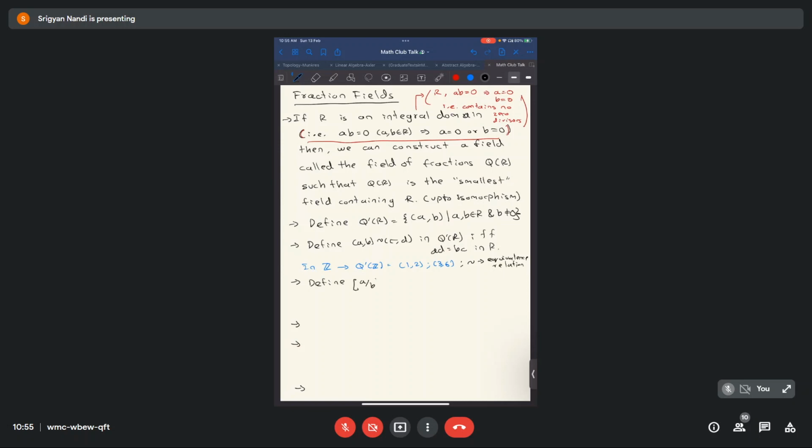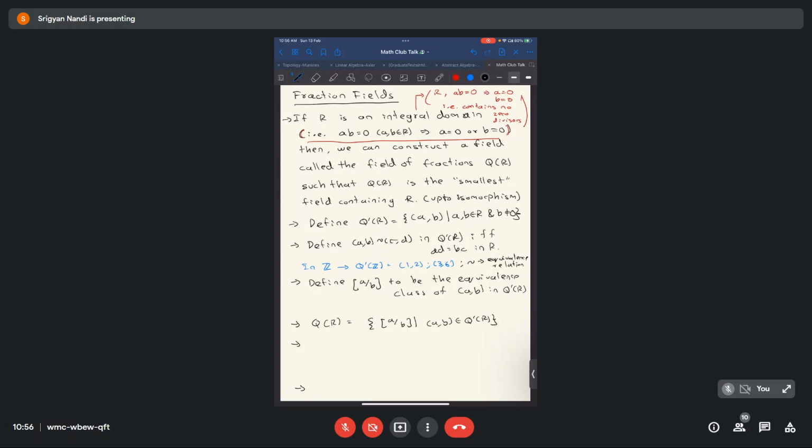We define A by B to be the equivalence class of (A, B) in Q dash of R. Now we can define the fraction field U of R to be the set of all such equivalence classes A by B such that (A, B) belongs to Q dash of R.